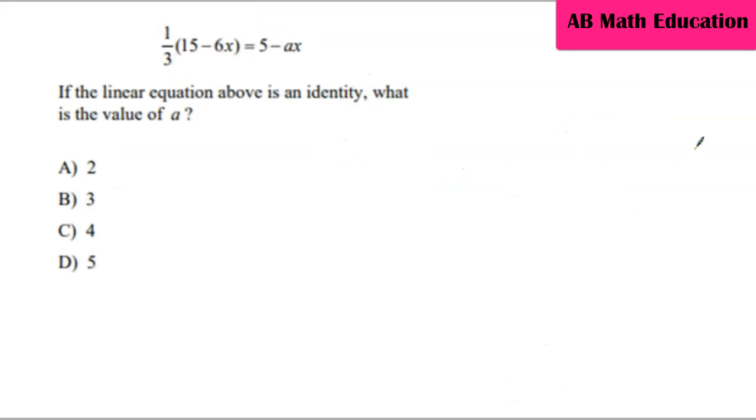All right, let's look at another instance here. Okay, so here the keyword is that it has to be an identity, and an identity equation is an equation that is always true. So we are going to go ahead and distribute and see the outcome.